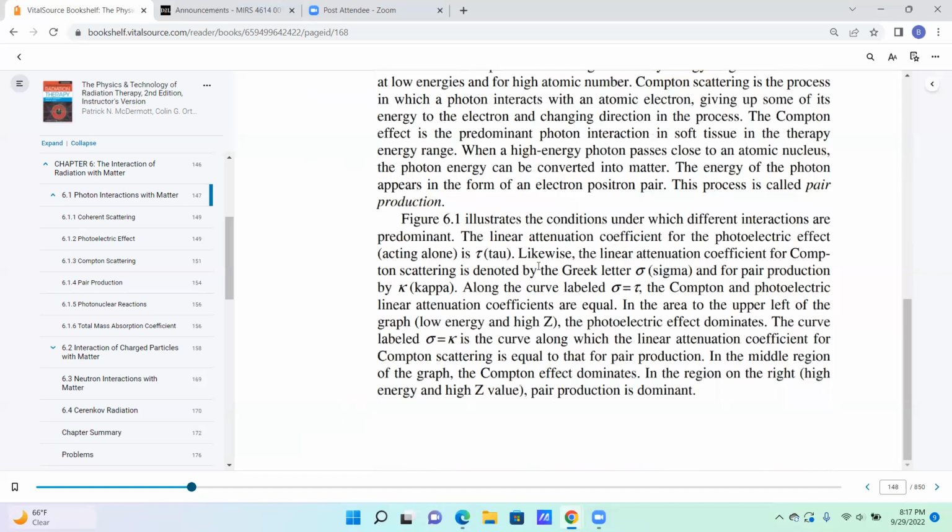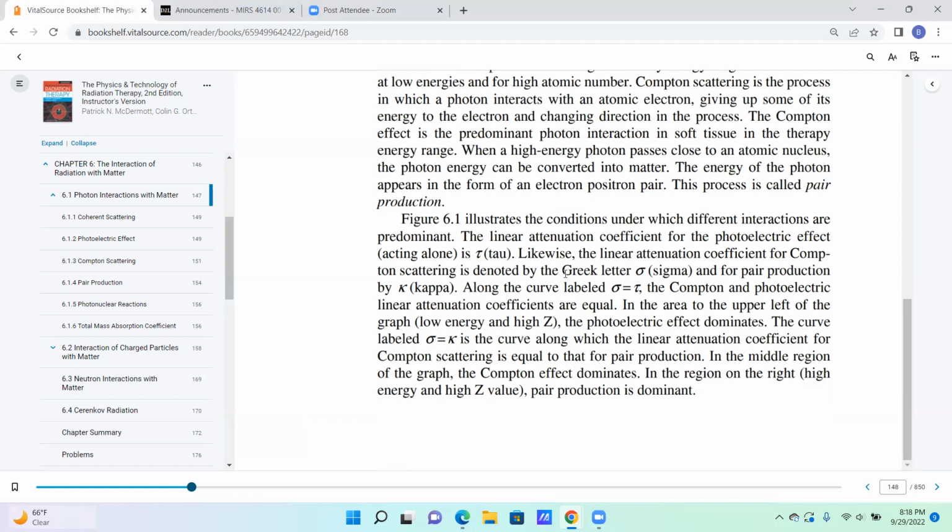So, as in the figure above, the linear attenuation coefficient for the photoelectric effect acting alone is going to be tau. It's the linear attenuation coefficient. Remember that stuff in chapter 5 that we went over that I'm sure a lot of you hated? That's the kind of stuff it's talking about here.